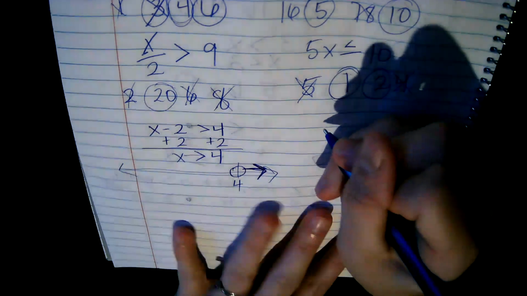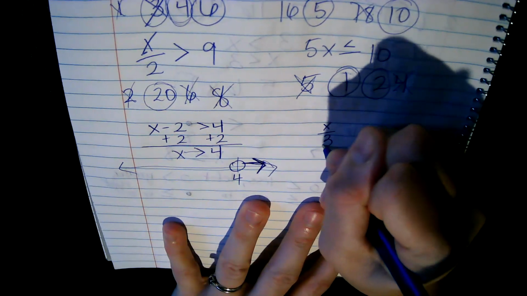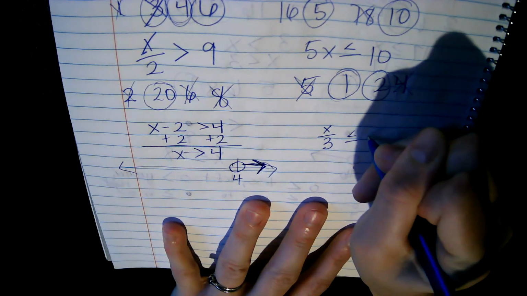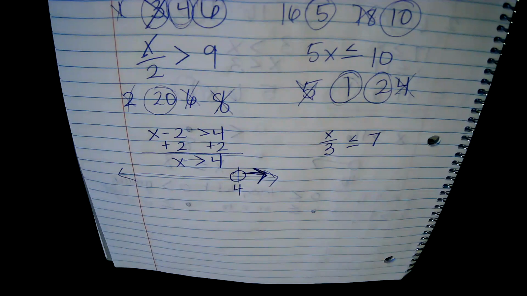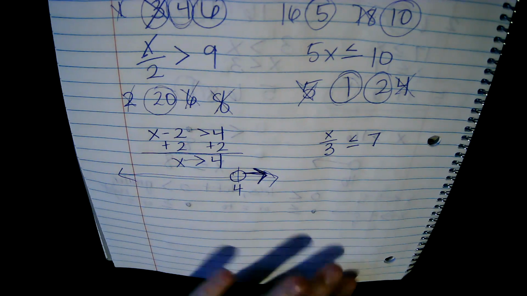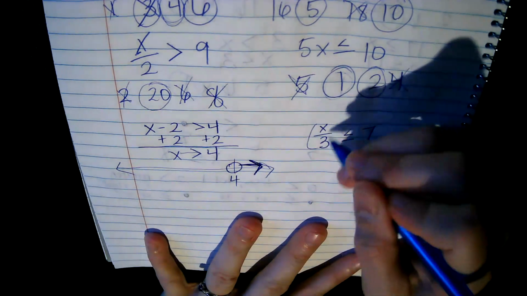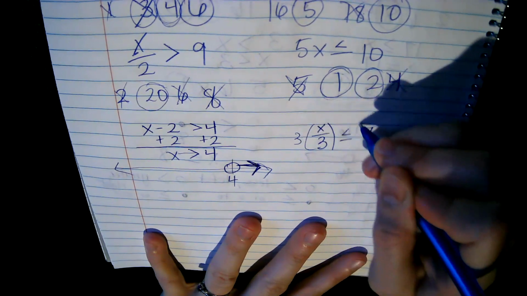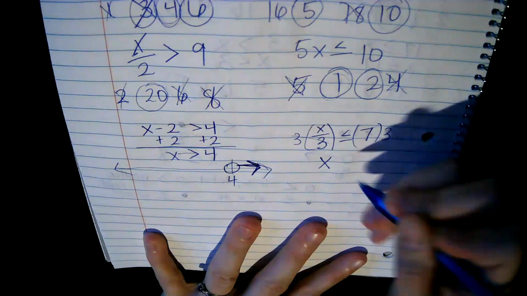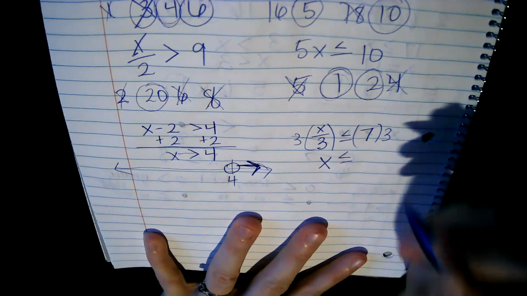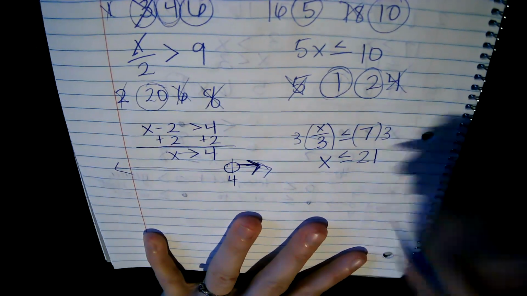What about x over 3 is less than or equal to 7? Can you guys pause your video and try that one? Alright, remember you're undoing division, so you're going to multiply both sides by 3. So we have 1x, or just x, is less than or equal to 7 times 3, which is 21.